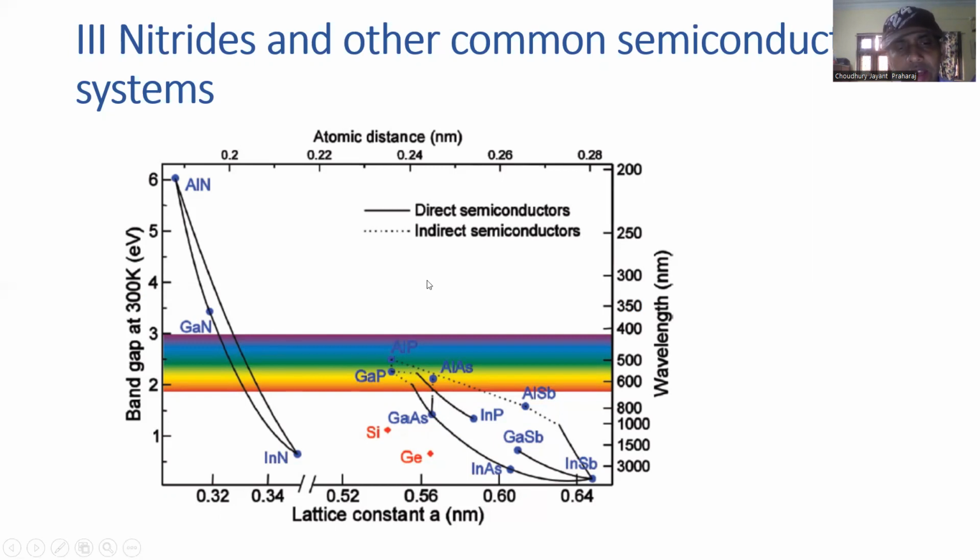While the indirect bandgap systems aren't that ideal because the absorption coefficients tend to be low and the device dimensions have to be much larger, and that hampers device optimization. Also shown in this plot are indirect bandgap silicon and germanium. So you can see a comparison between these material systems and see that the group 3 nitride system is clearly well suited for photovoltaic applications or solar cell uses.